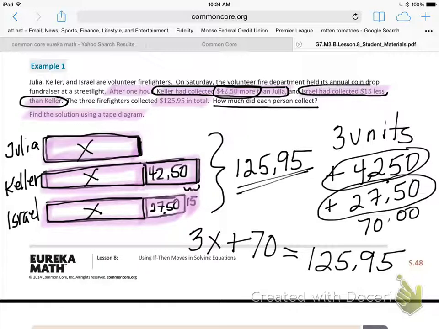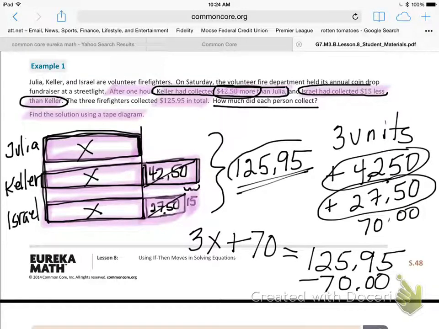And then if we know that we have accounted for 70 already, we could of course take that off of here, because we know how much these are. We still don't know how much these are worth over here, but we know the three of these are going to be worth this, take away these.